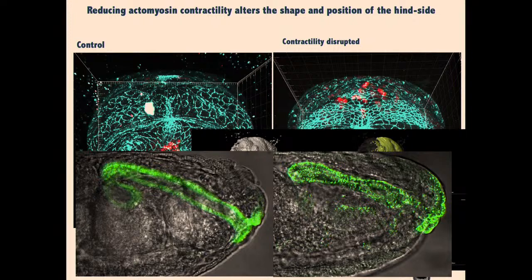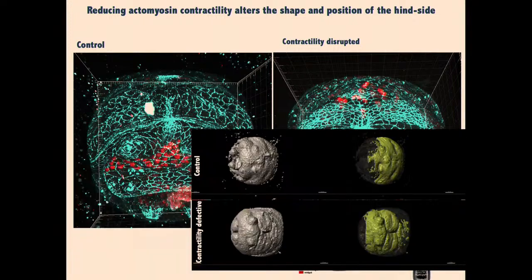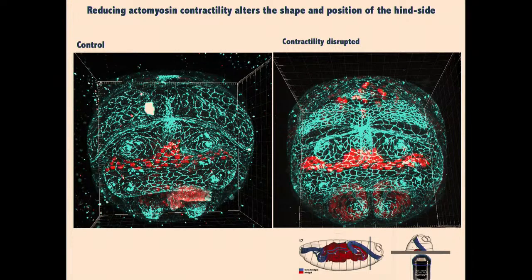And what you will see when you perturb this is that it's spread over a large region of the back end. This is a glorified view of the hind end of the embryo, like nobody's seen it before, because it's not that easy to image the hind end of the embryo.